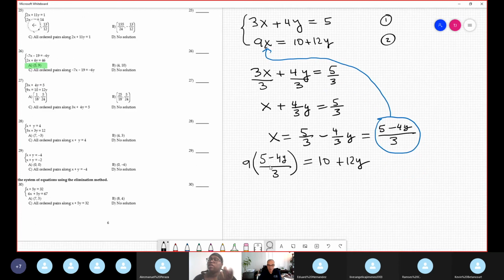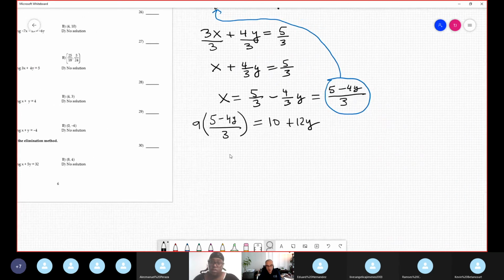Now multiplication. In this case, there's a little simplification. Divided by 3 is 1, divided by 3 is 3. Because this 9 and 3 together is like a 1, only 3 on the top. You apply this 3 with the property here and here. This is 15 minus 12y is equal to 10 plus 12y.